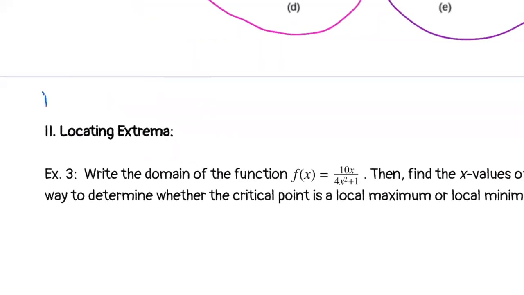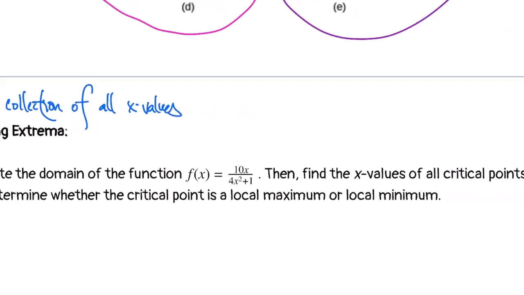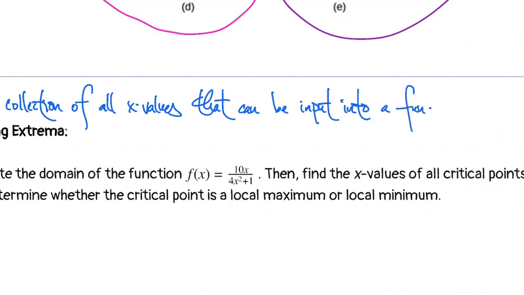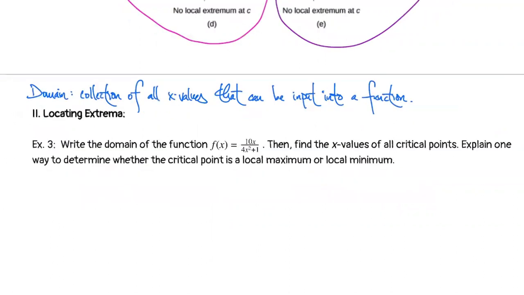Our domain is the collection of all x values that can be input into a function. Right? So domain is the collection of all possible x values that can be input into a function.